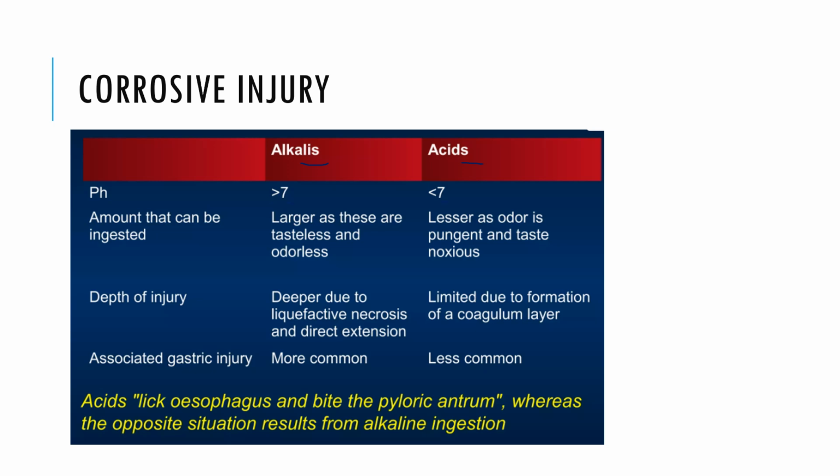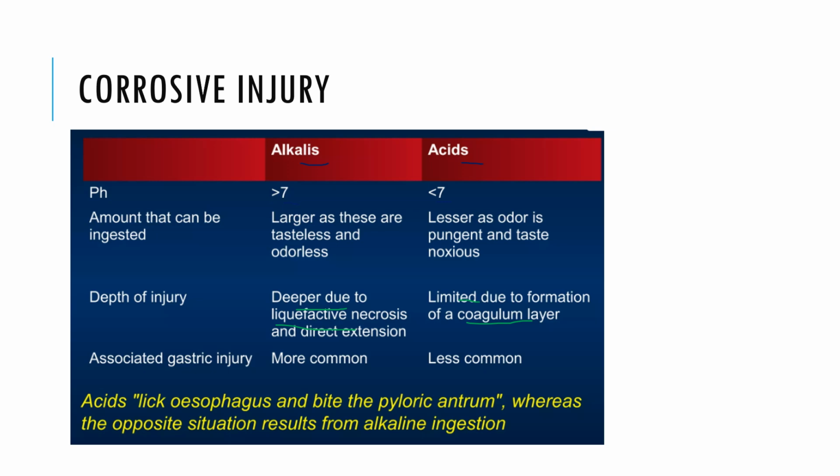The important difference is alkali is causing more injury, deeper injury, and there is liquefactive necrosis. But the injury caused by acid is limited due to the coagulum layer. So with alkali there is extensive necrosis. Acid may later on lead to strictures and all.